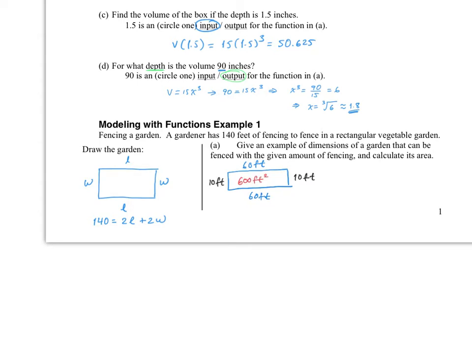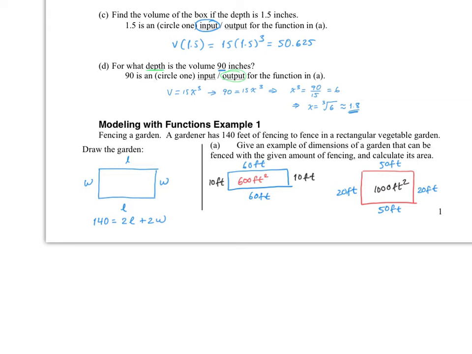Another person could draw a different one. Somebody could do this. Say I want to put 50 here, so therefore that means this is 50, and this will be 20. This will be 20. Therefore the area will be 1,000 feet square.